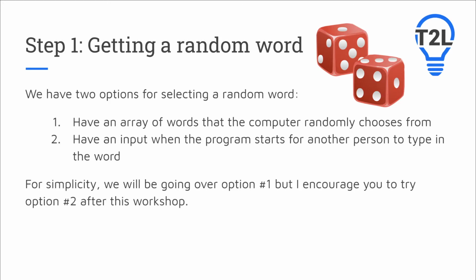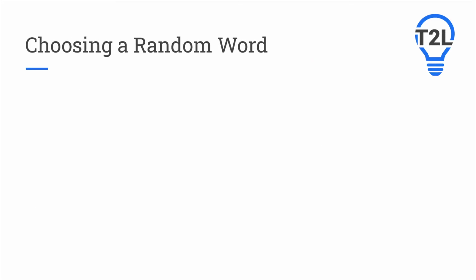So for simplicity for this one, I just wrote it with option one, but once we get done, I encourage you to try option two, because we're going to be going through how you could. All right, so with choosing a random word, what do we need to choose a random word with a computer and an array?